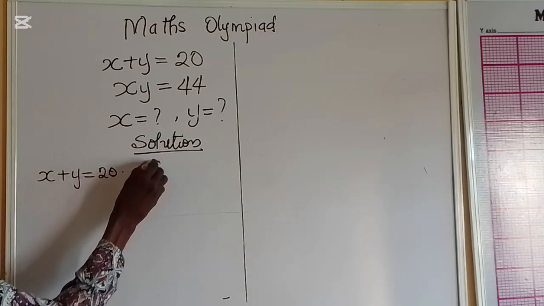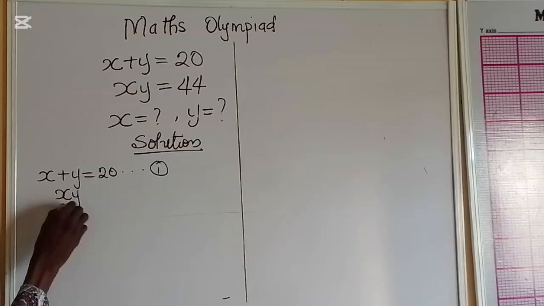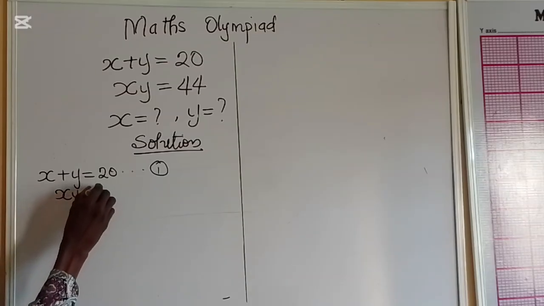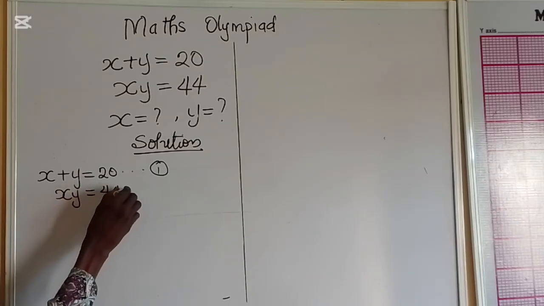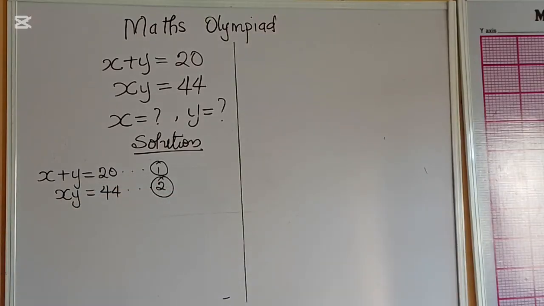I will call this equation 1. Then xy is equal to 44. I will call it equation 2. So I can either from equation 1 form equation 3, or from equation 2 form equation 3, depending on you.